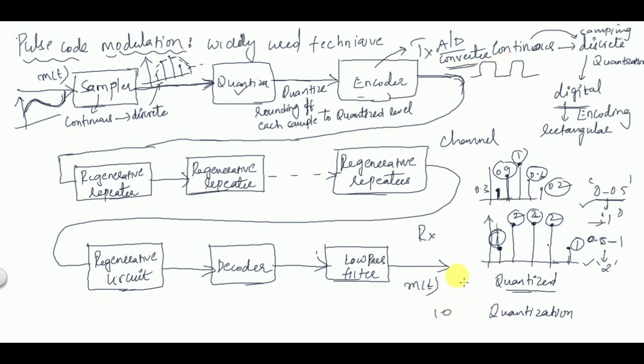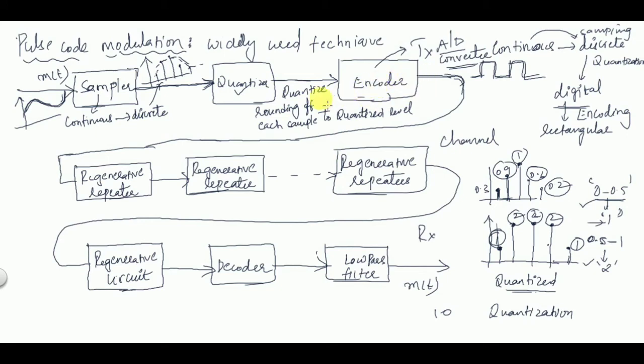When it is converted into bits, the output of this encoder is a rectangular pulse, because you have only bits, either ones or zeros. Ones and zeros can be represented in electrical form as rectangular pulses.